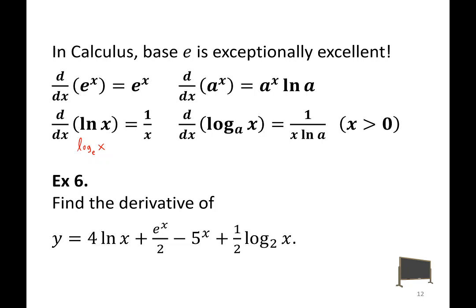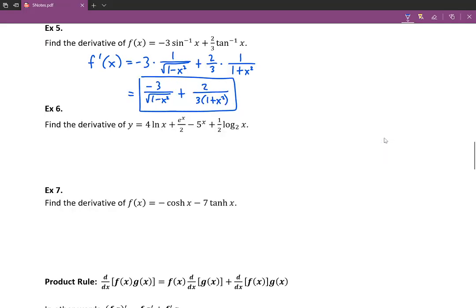Okay, let's go ahead and try example 6. So here we have y equals, so when we take the derivative, we're going to have dy dx. We could also write y prime. That's another way of writing it, but dy dx is nice because it tells you what you're taking the derivative with respect to. That'll become important later on.